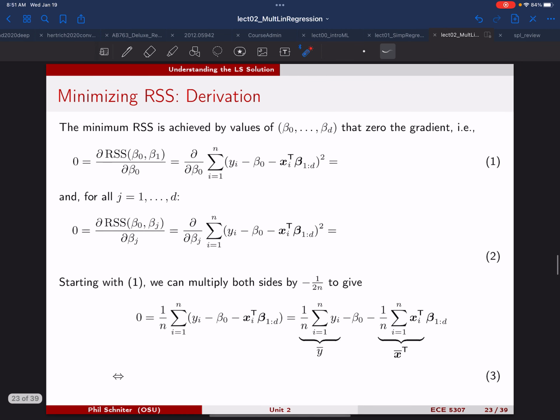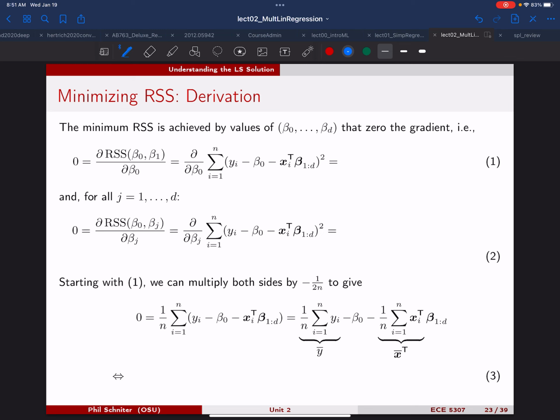So finally, we can do this derivation. Similar steps to before. We want to set the gradients with respect to the different betas equal to 0. But we have to treat beta 0 differently from all the other beta j's. So this is our RSS expression here. We take the partial derivative with respect to beta 0. That means that some of this stuff has no dependence on it.